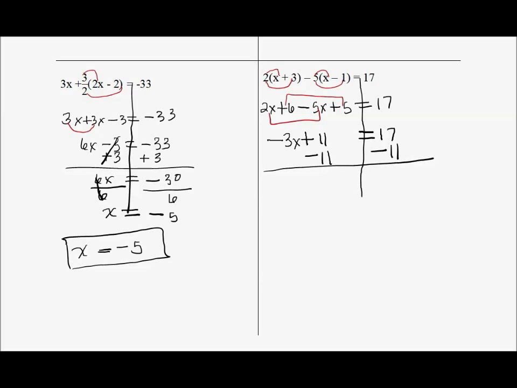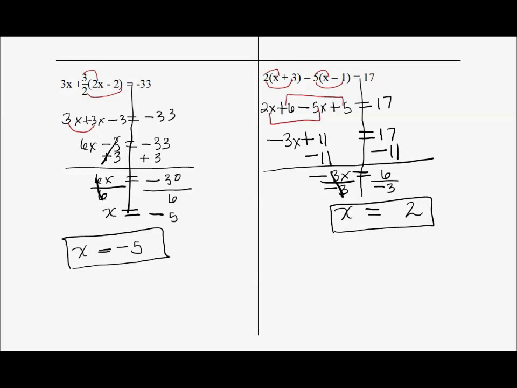I'll bring down what I have left, -3x equals 17 minus 11 is 6. Divide both sides by -3. My -3's cancel out, and I'm left with x is equal to -2.